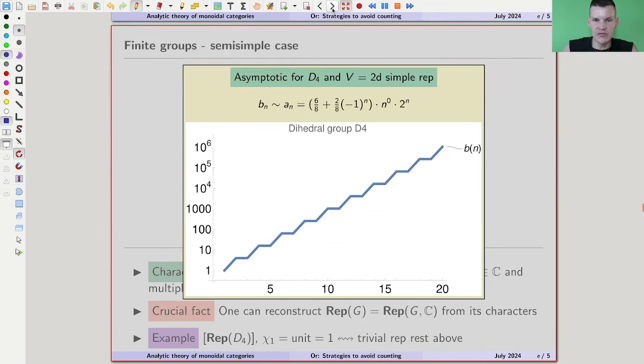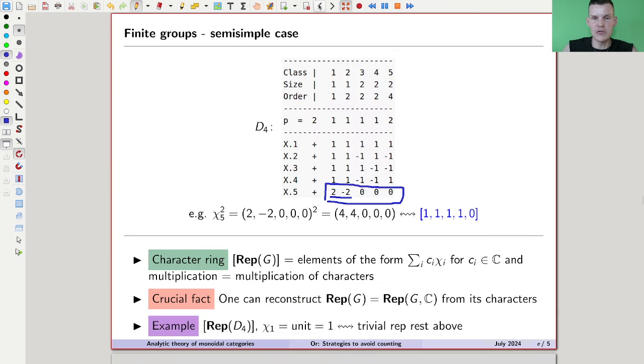If you do it for the dihedral group, you will find this type of behavior: 6/8 plus (-1) to the n times 2/8. The reason is that those two guys will compete with one another if you take the nth power, but they will go hand in hand, or compete, depending on the power you take.